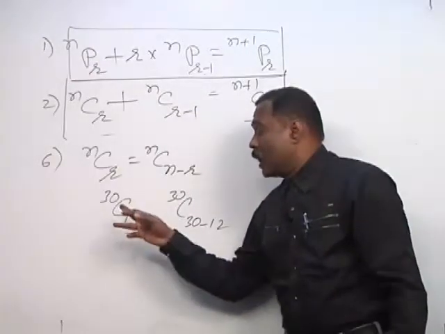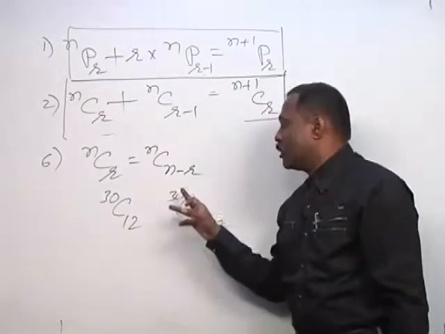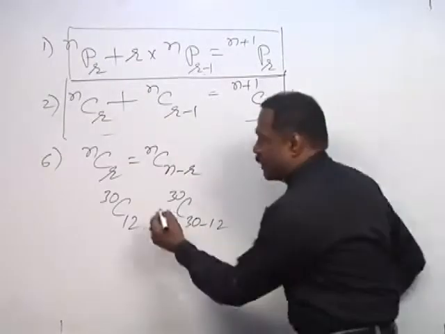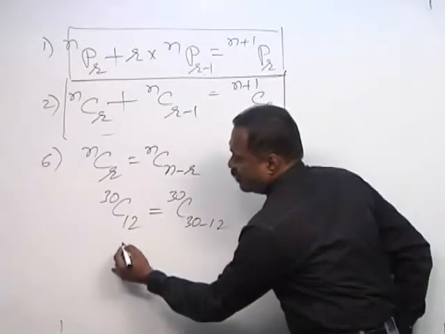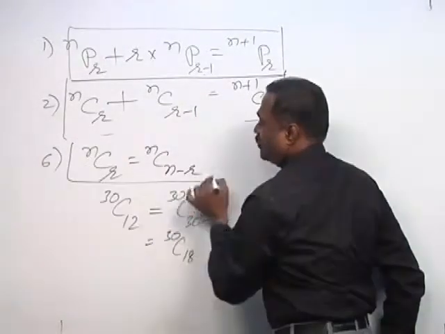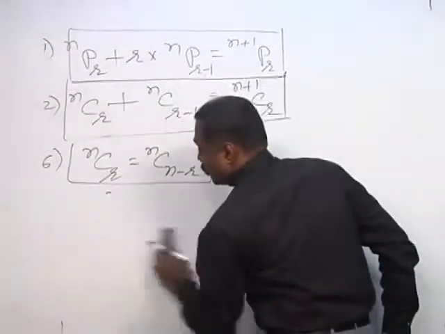That means the number of ways of making a group of 12 students from 30 students is equal to the number of ways of making a group of 18 students. Understand? So 30C12 is equal to 30C(30 minus 12), that is 30C12 is equal to 30C18. That is nCr is equal to nC(n minus r). This is mainly used in the binomial theorem.